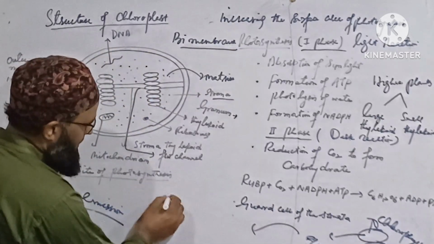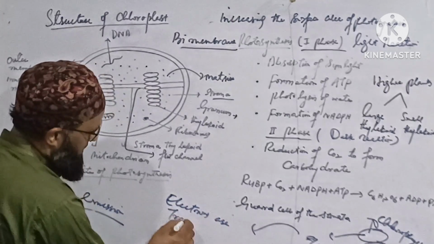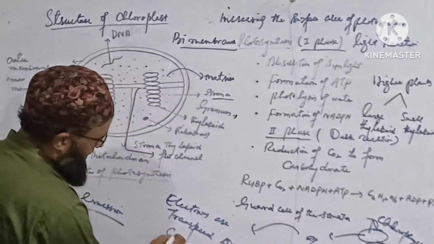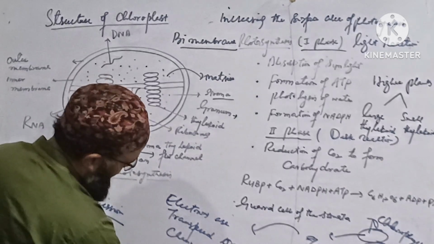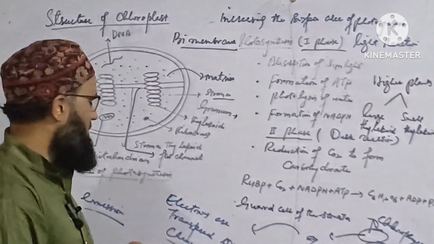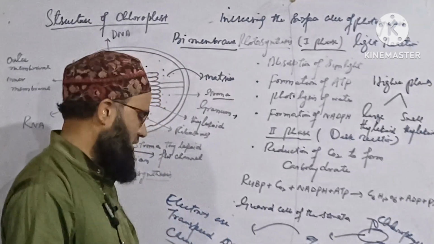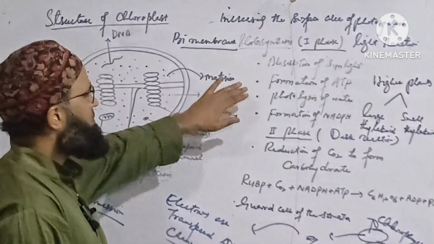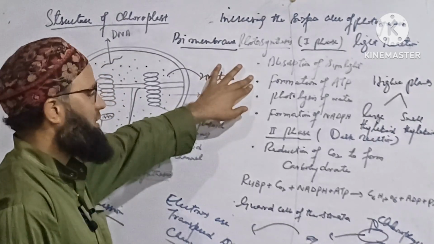But these electrons are transferred, or we can say channelized, by the electron transport chain. So electrons are carried by the electron transport chain, and through it these electrons are very helpful in the formation of ATP.